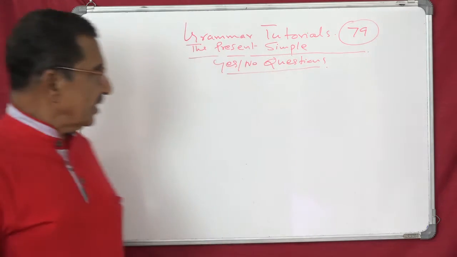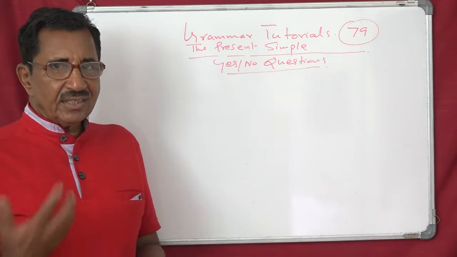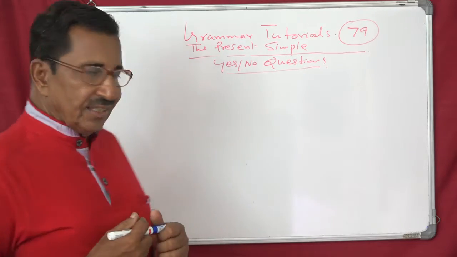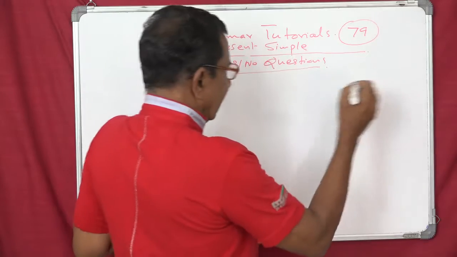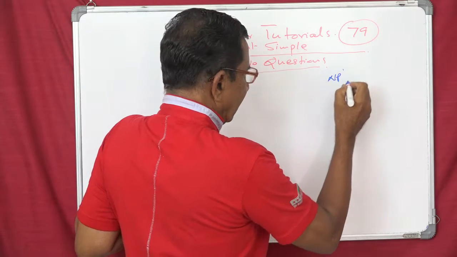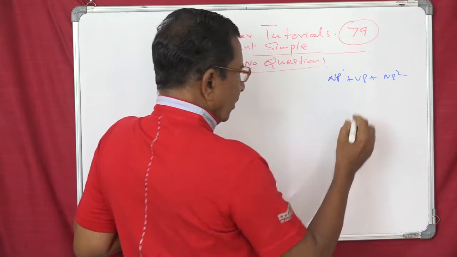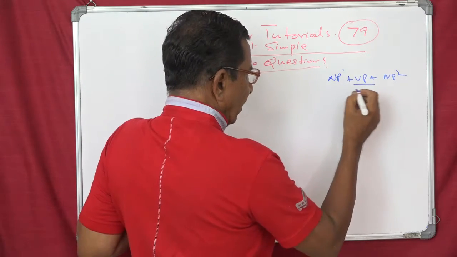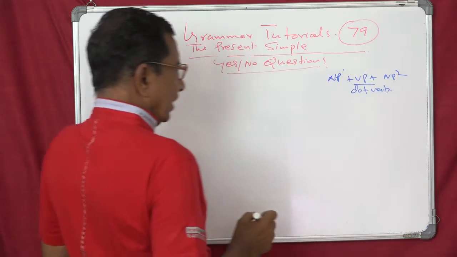Now here we have got the yes or no, how do you make it? Here again, you have to take the help of do. Do insertion is important. Because you know yes or no question means NP1 plus VP, this is a sentence NP2. So VP here means you have got do plus verb, isn't it?